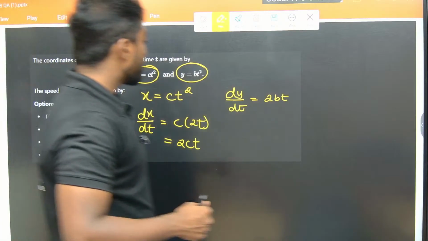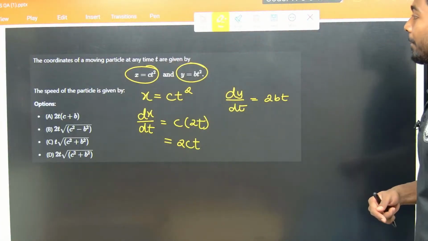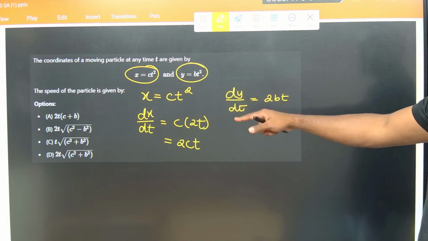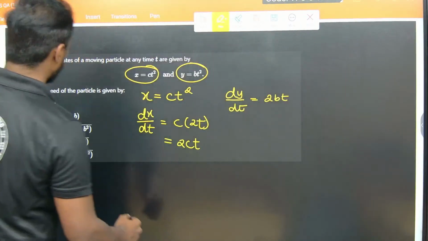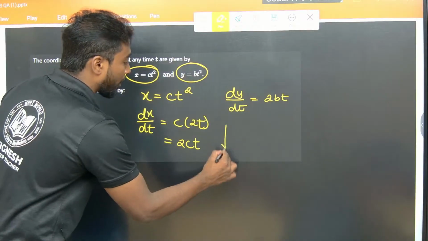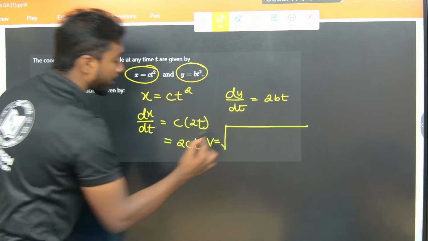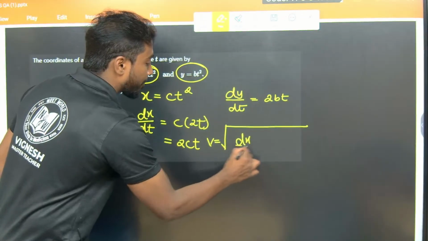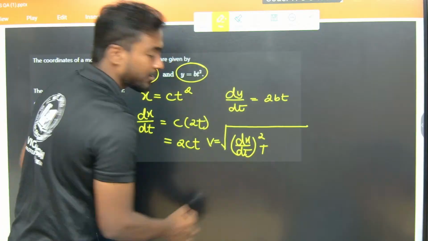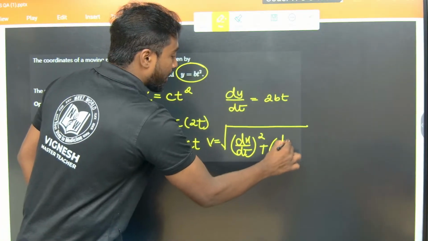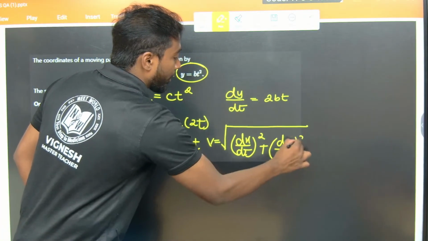Now what should I do? I need to get the speed of the particle at a given time, right? dx by dt, dy by dt I got. So v is equal to under root of dx by dt the whole square plus dy by dt the whole square.